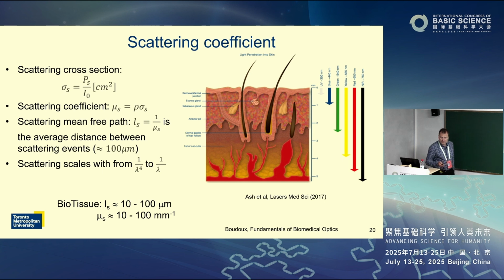The physical meaning of the scattering coefficient is the same as for absorption, but for scattering: it is the average distance between scattering events. And what is shown here is the penetration of light of different colors inside human skin.